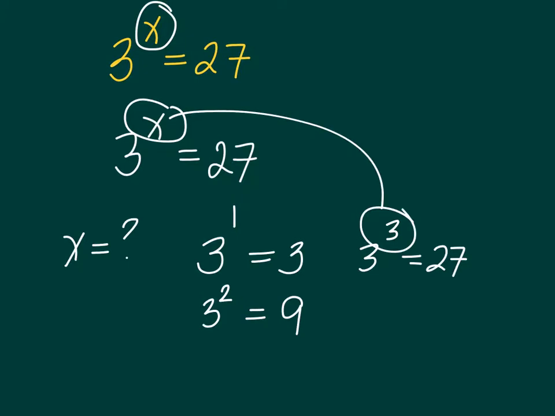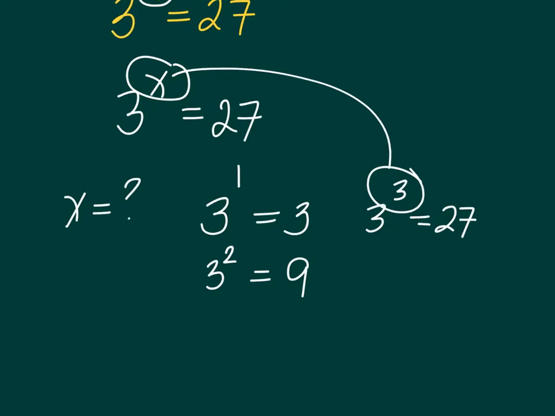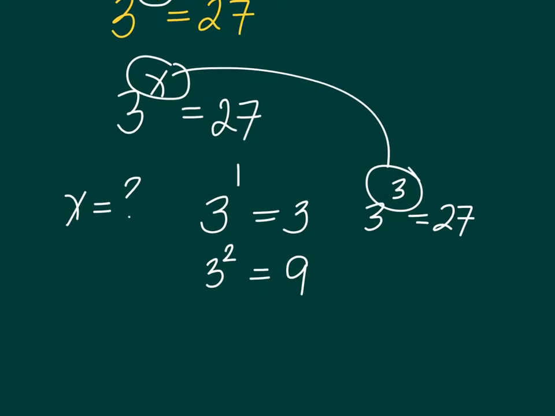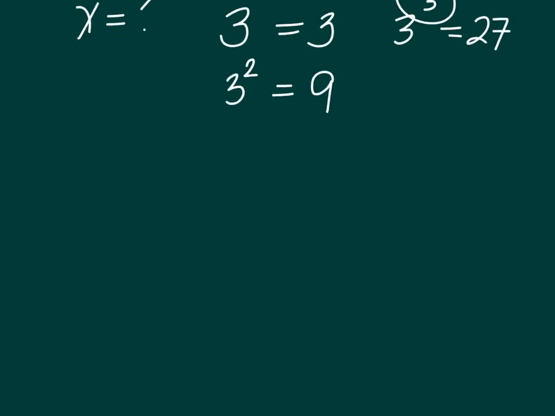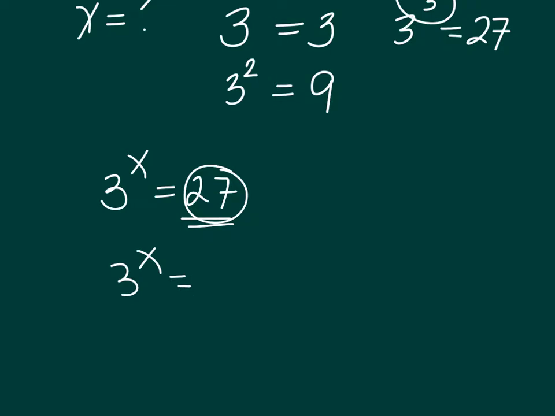But using that way could take some time, especially if the equation is no longer a simple one. So what will be our guiding idea whenever we solve exponential equations? Another way to look at the equation is, if we have 3 to the x equals 27, we could also think of 27 as 3 raised to 3.